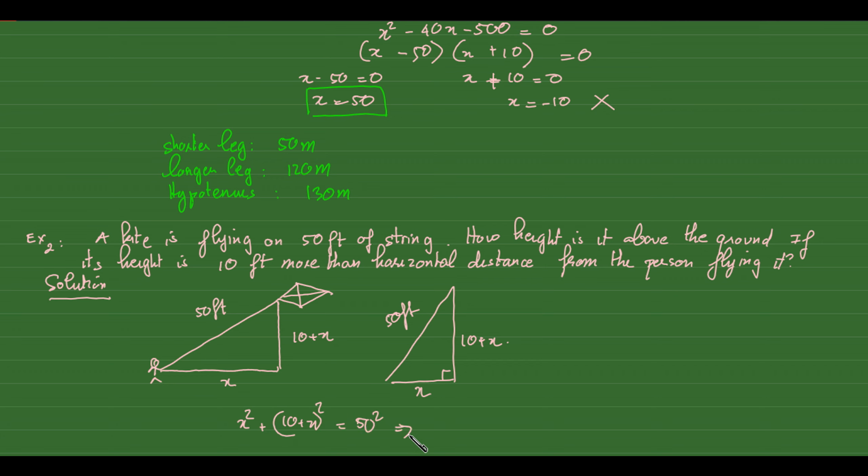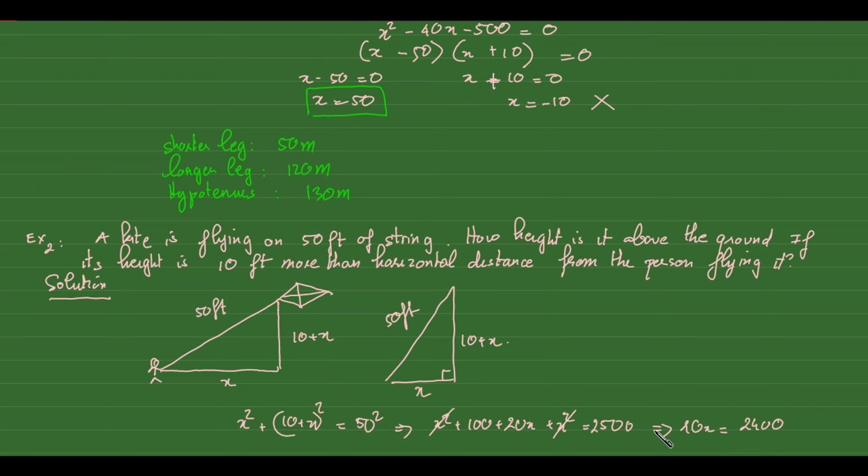From here I can expand them out, so I have x squared plus 100 plus 20x plus x squared equals 50 squared, which is 2500. Okay, so 20x equals 2500 minus 100, which is 2400.